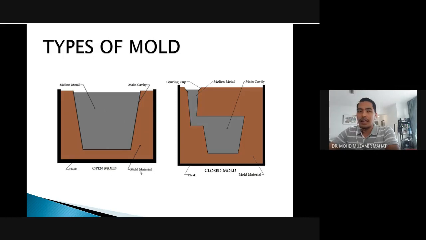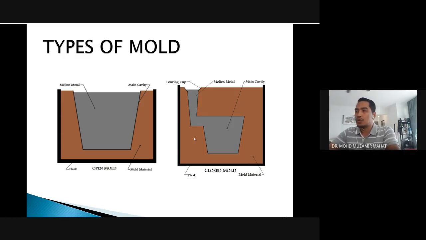Next to it, you can see another figure showing a closed mold. In the open mold, the cavity is open; the whole shape of the mold is open to be filled with molten metal.